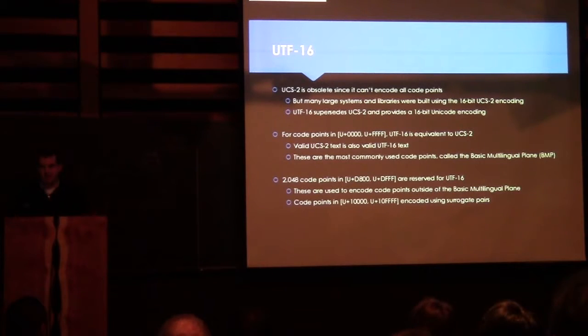Many C++ Unicode libraries use a 16-bit code unit. The .NET framework uses a 16-bit code unit for interop with Windows largely. So we need something in modern Unicode that allows us to work with a 16-bit code unit and that is largely backwards compatible with UCS2.